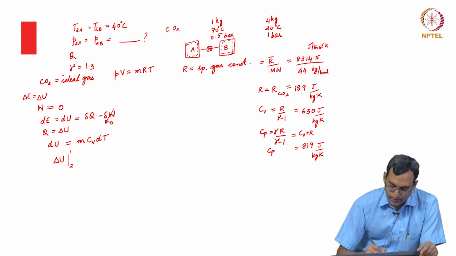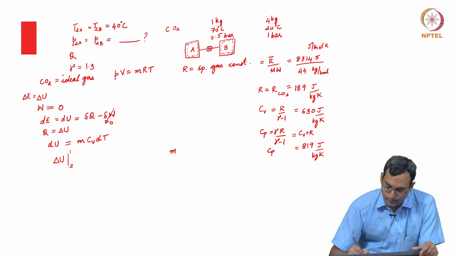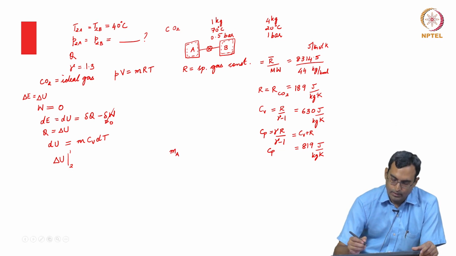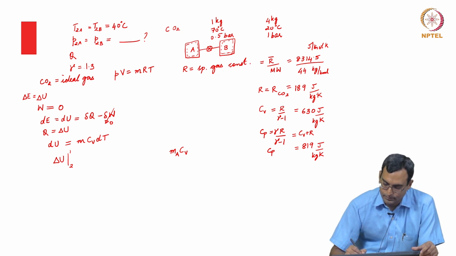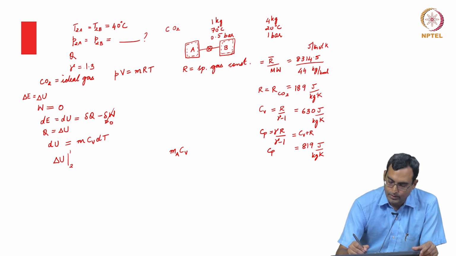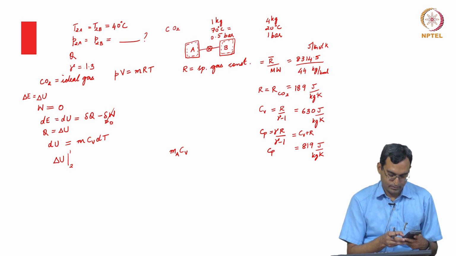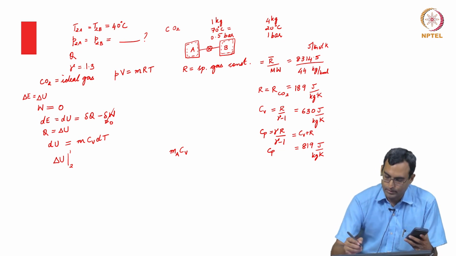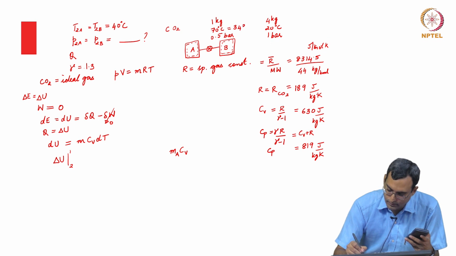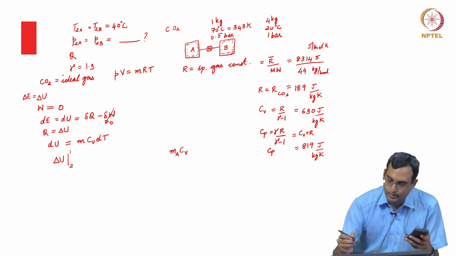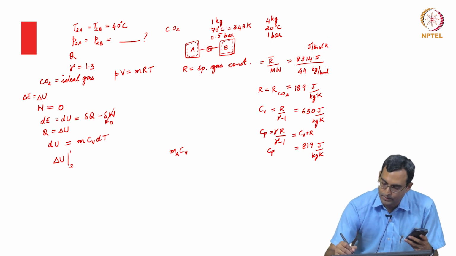At the initial state, I had gas over here which had Ma, it had a specific heat of Cv, it had a temperature of 70 degrees centigrade, which I am going to convert into Kelvin. So, let me do that right away. This is 70 degrees centigrade, which is 343 Kelvin. These are only differences, so it is not always necessary to convert differences, but I am going to do it anyway.